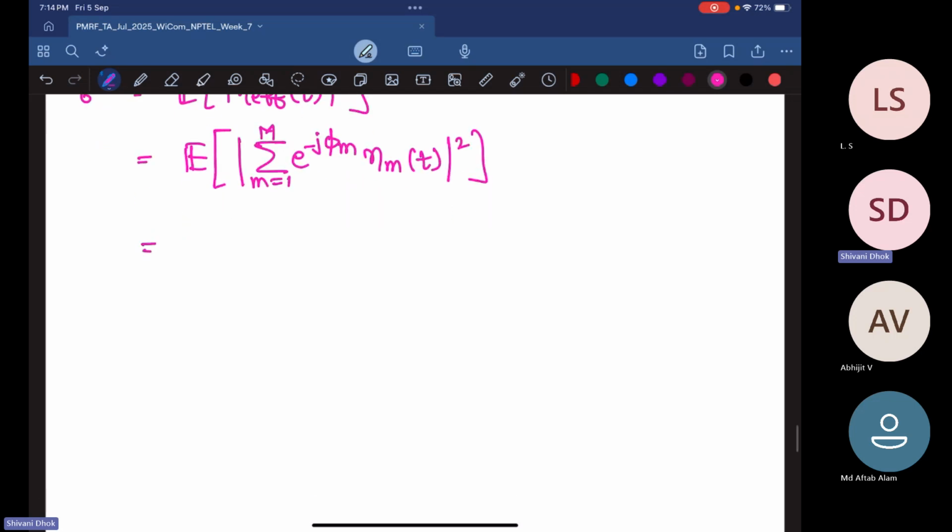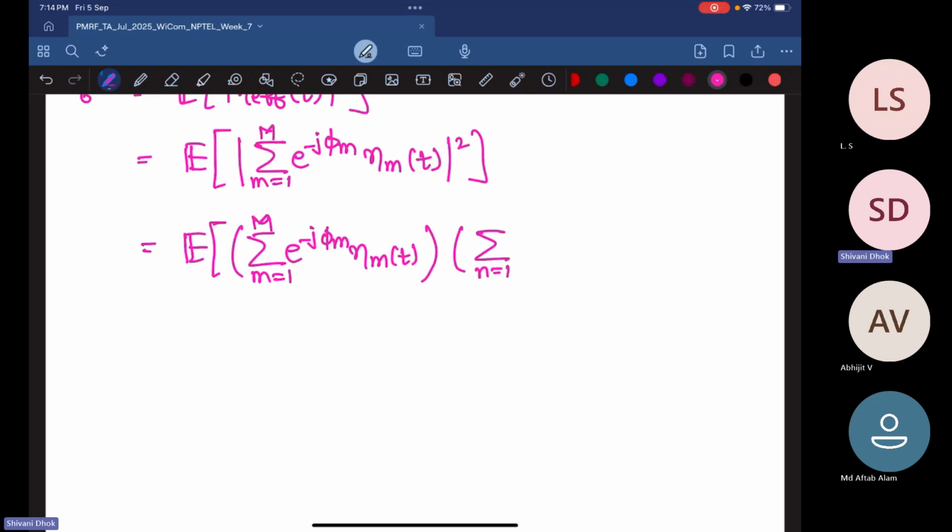Now I can write this as expectation of summation m equal to 1 to capital M e power minus j phi m into eta m of t, multiplied by the same quantity, but I just changed the variable, n equal to 1 to M e power minus j phi n into eta n of t, but conjugate.